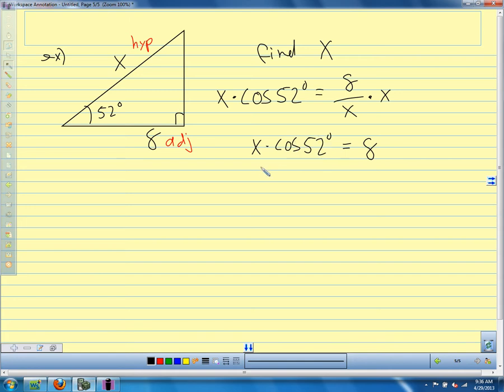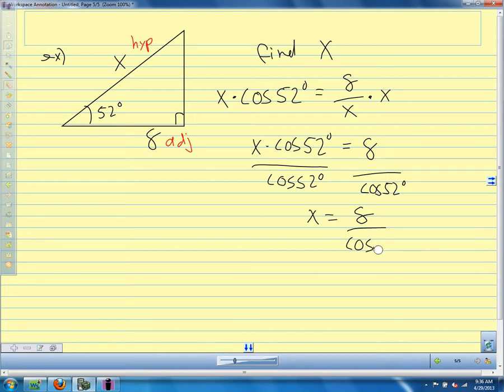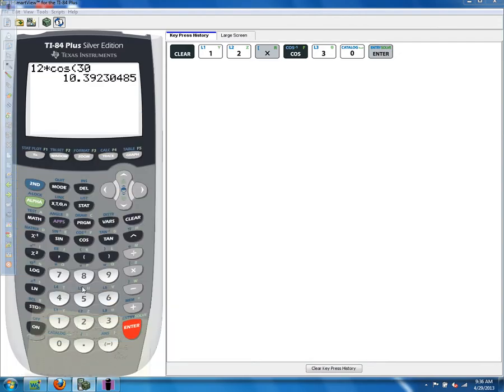This is just a number. So I divide both sides by cosine of 52 degrees. So I get x equals 8 divided by the cosine of 52 degrees. And I would enter it in my calculator just like that. We do 8 divided by cosine 52, and I get 12.99.